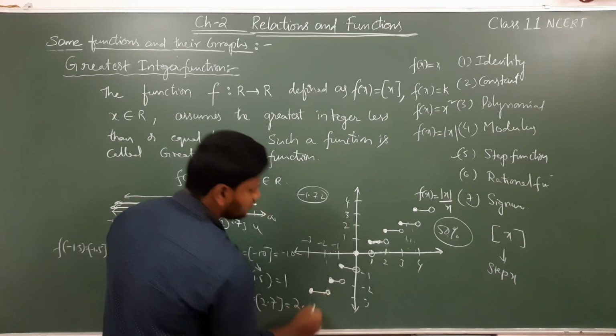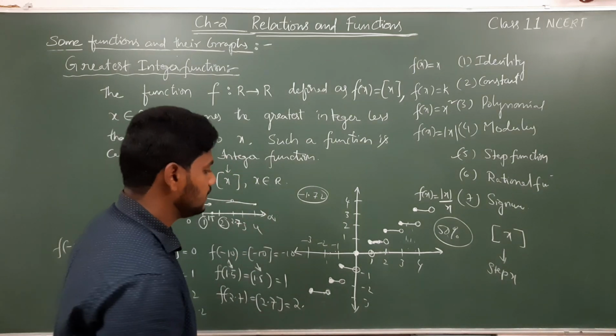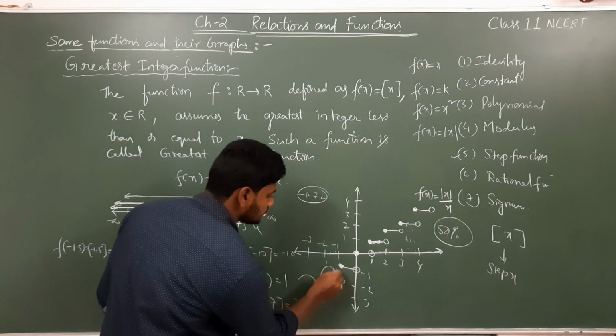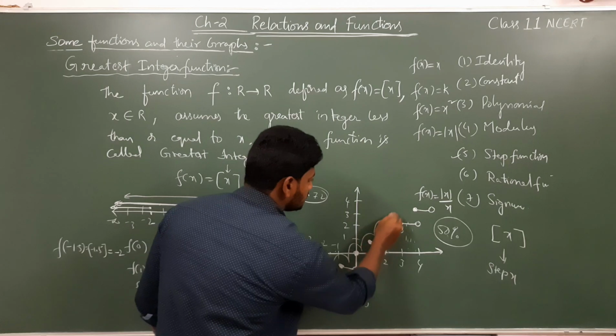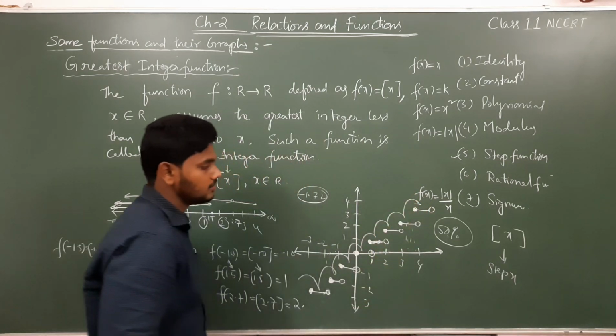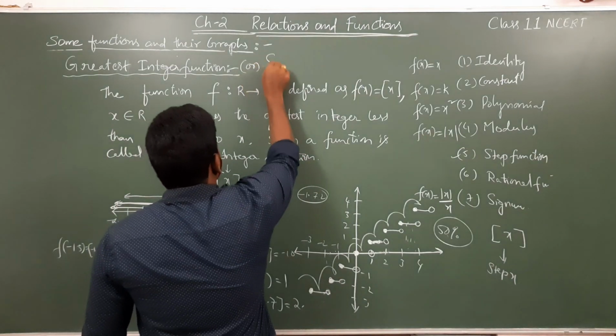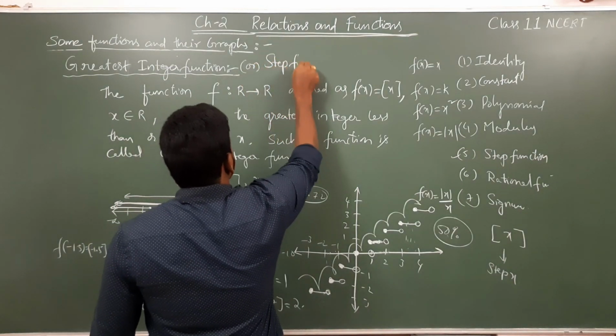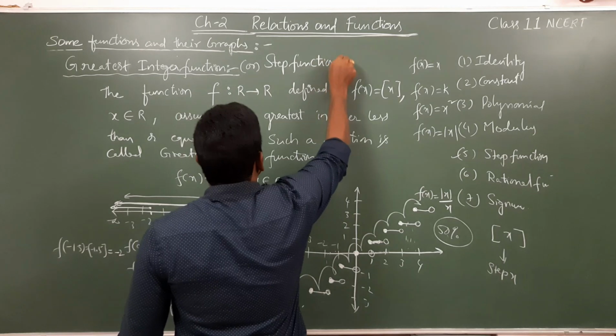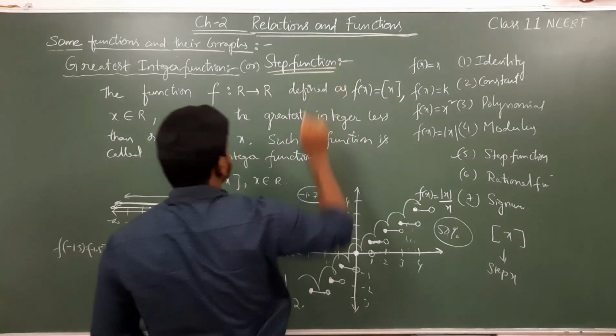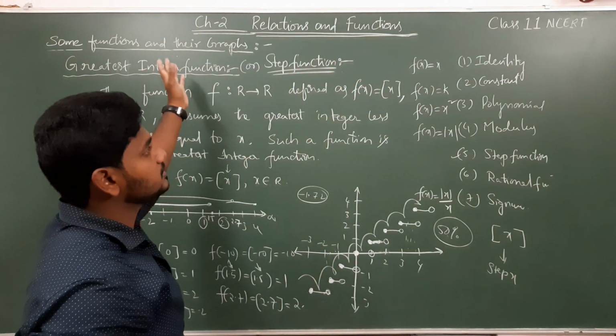If you observe the graph of this greatest integer function, it looks like steps, right or not? So that's why we consider this function a step function. You can write step function or greatest integer function, no problem.